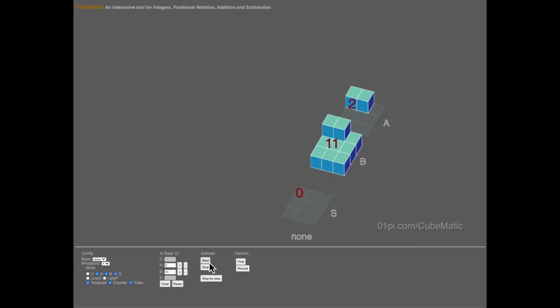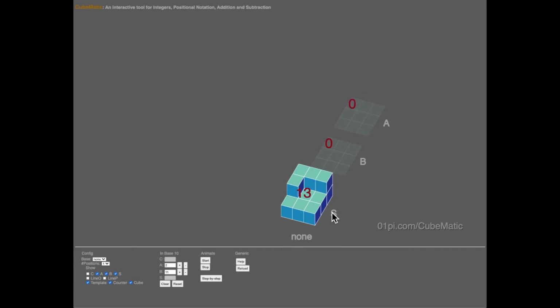And then I'll do the addition again. I expect that the accumulated cubes will be exactly the same as the previous one. So switching the contents of A and B does not make any difference in S. And this is an important property of addition. All right?